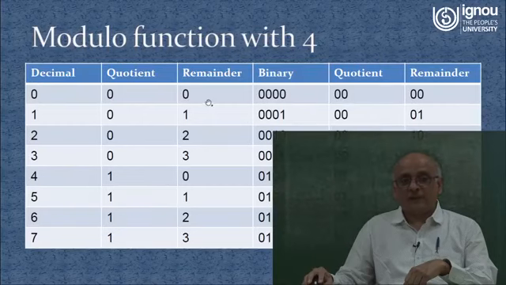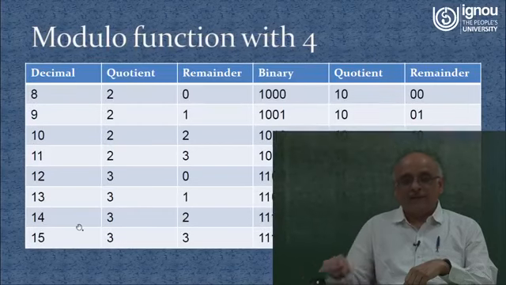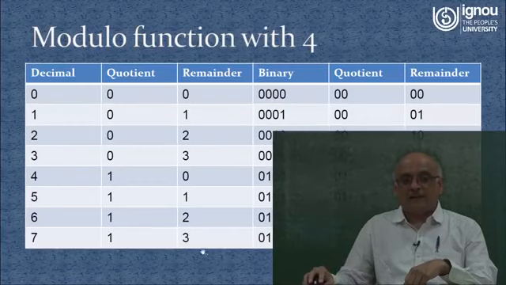For meeting room 1, it will be 1, 5, 9 and 13. Likewise, for meeting room 3, 3, 7, 11 and 15.